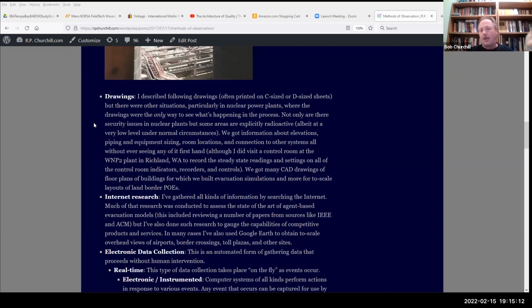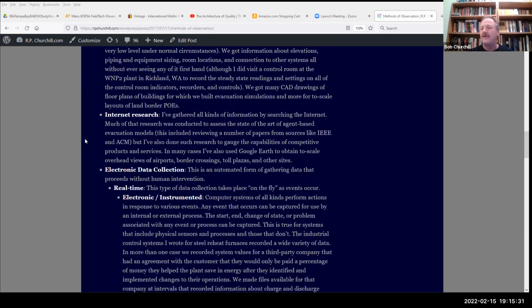You cannot walk around and see all the pipes in a working nuclear power plant, for obvious reasons, but you can look at drawings, and those things are documented like crazy. You can do internet research, many kinds of research, to find documentation, descriptions, pictures, and so on.